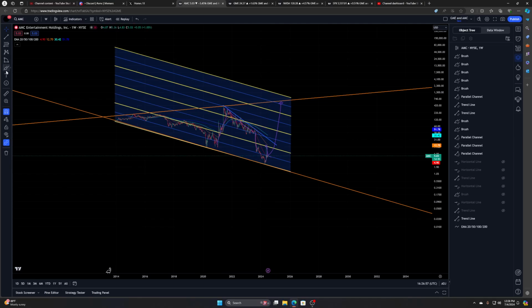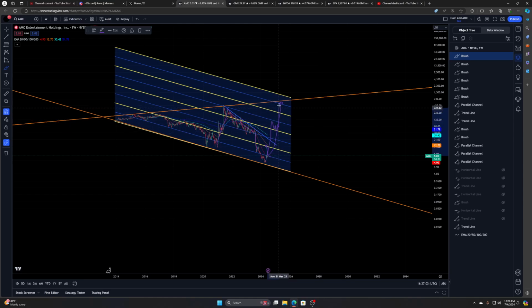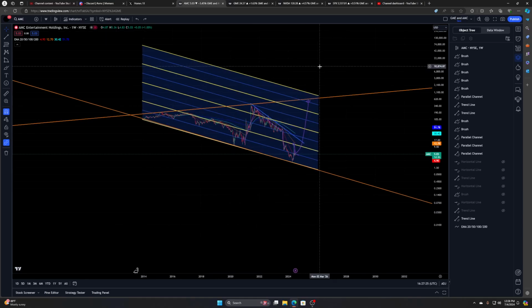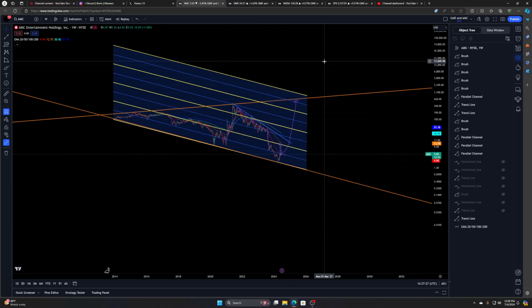You shoot up, maybe you reaccumulate here, maybe you come back down, then you shoot up. It's not just going to be a straight line to the upside. Obviously I'll have to keep updating you guys, because context will change and data will change as we approach these higher levels. But it's definitely a possibility and definitely something you have to look at.